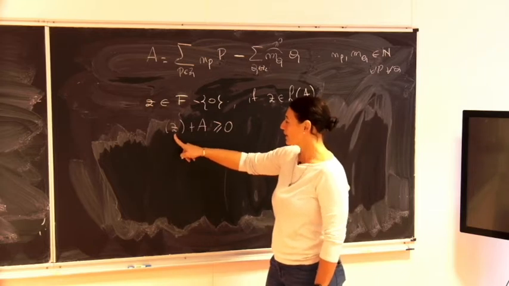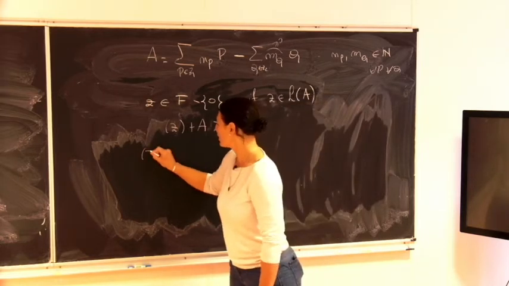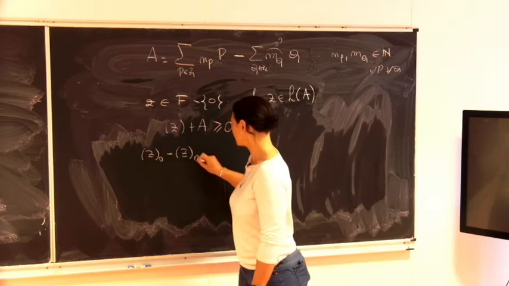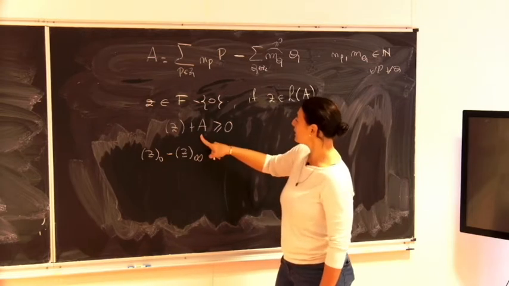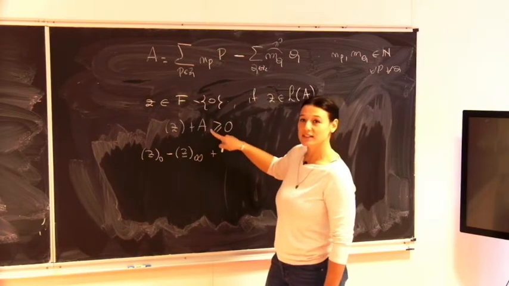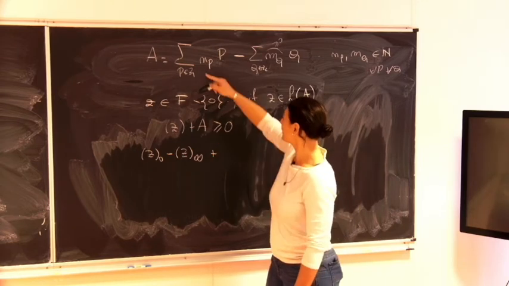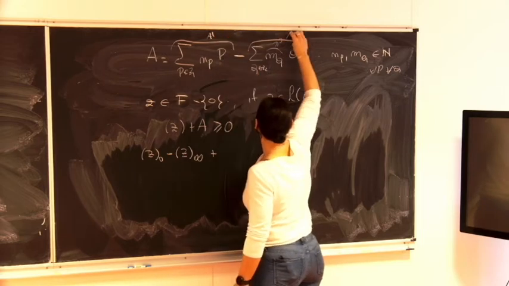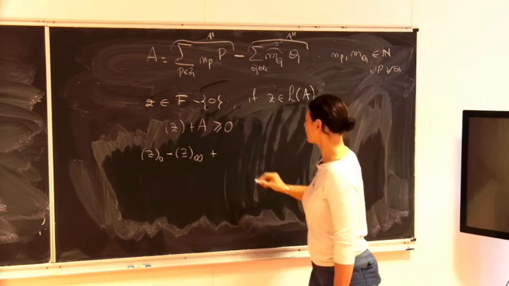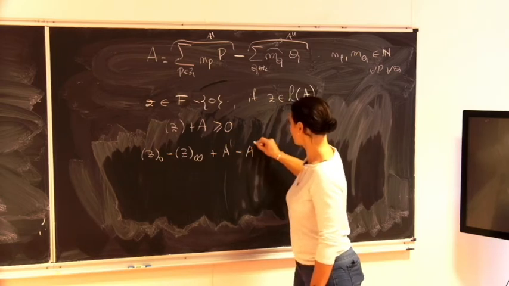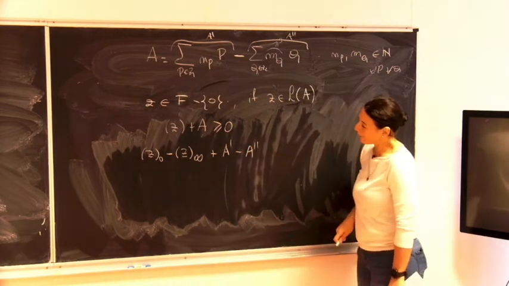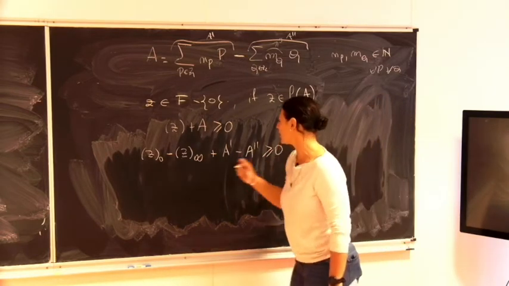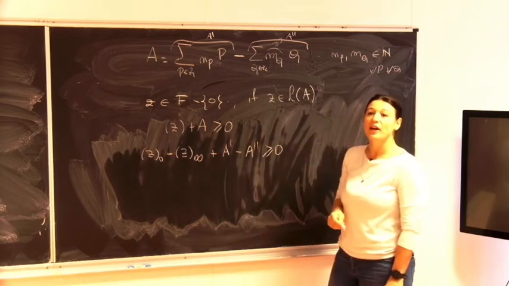So remember that this principal divisor was the zero divisor minus the pole divisor. And this divisor A can be written like this. Assume that this is called A prime, this is called A second, so A prime minus A second. And so I need this to be bigger or equal than 0. I need all of that sum to be effective.